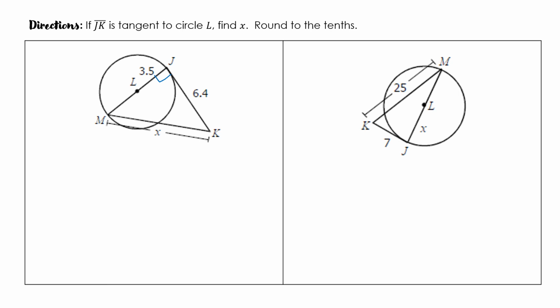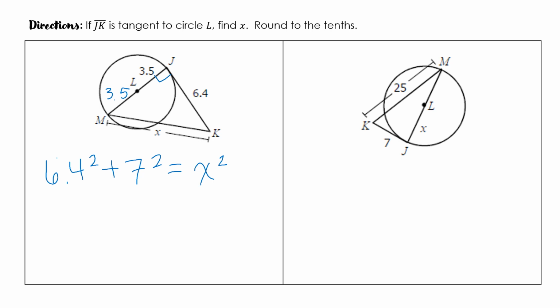So that means that JK is a leg, which is 6.4 squared, plus the other leg would be JM. They give us that the radius is 3.5. So that would mean that JM would be 7, so 7 squared. And our hypotenuse is MK, which is x, and then squared.